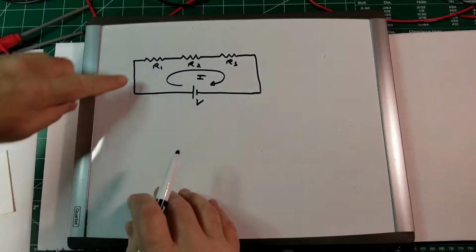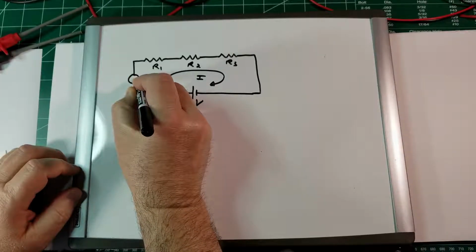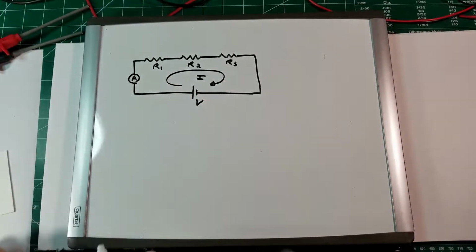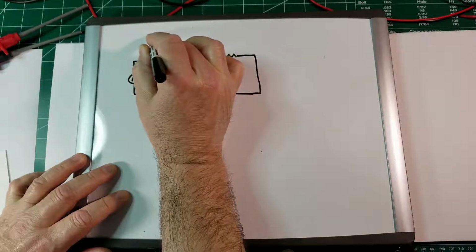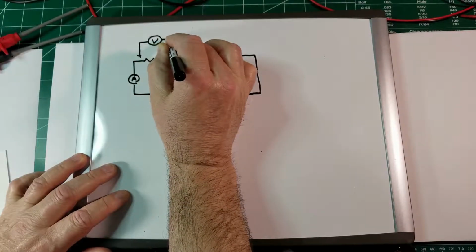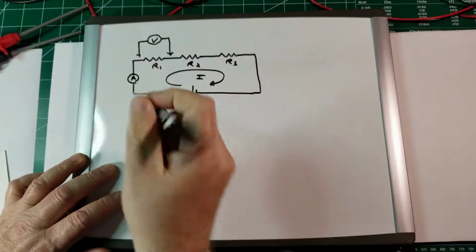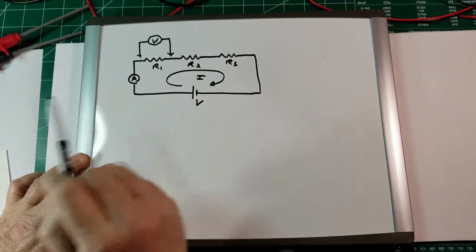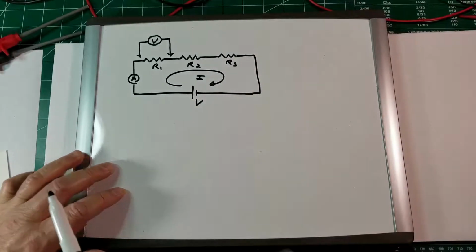What we are going to do is put here an ammeter, and then use a voltmeter to measure the voltage across each resistor individually. So we will do it here, across the resistor R1, and then we will repeat across R2 and then across R3.